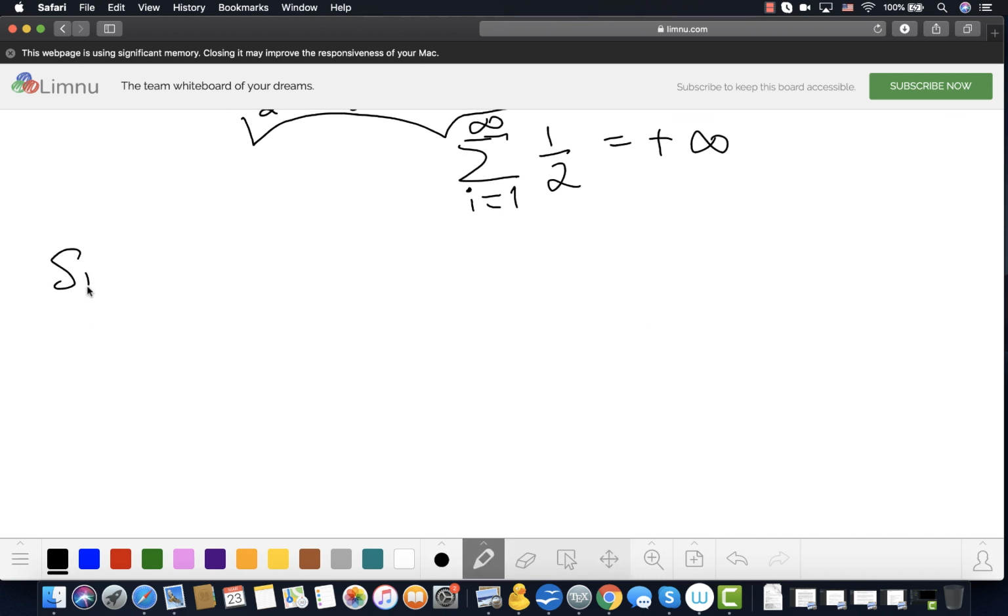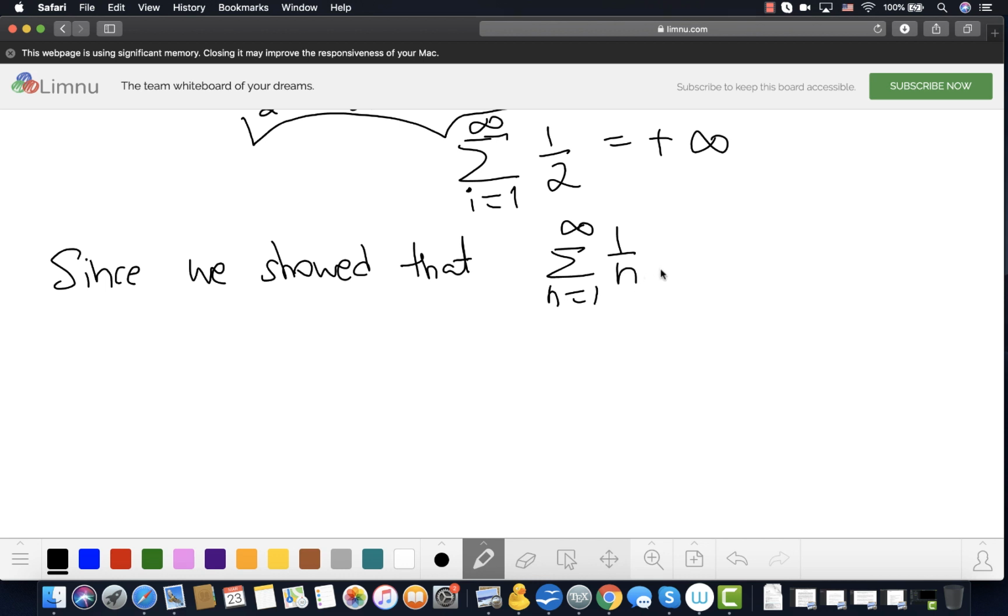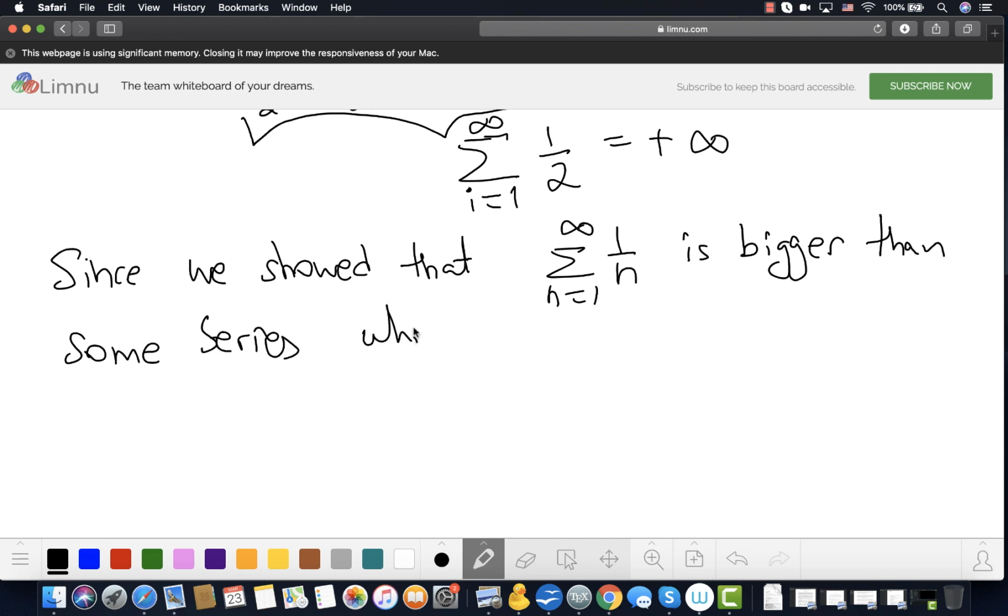Since we showed that the sum n goes from 1 to infinity of 1 over n is bigger than some series which already diverges to plus infinity, we conclude that the same should hold.